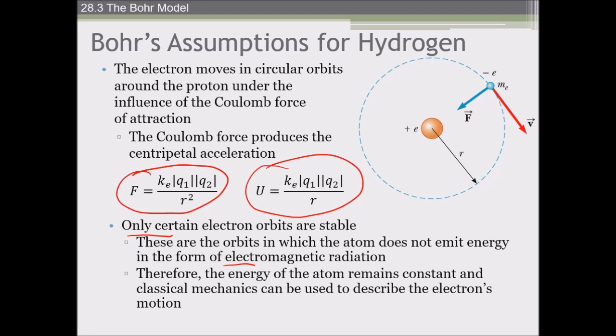And in order to accelerate, you need to absorb a photon. To decelerate, you need to give off a photon. These electrons, as they go around the atom, we would think are experiencing centripetal acceleration because the direction of the velocity vector is always changing. So classical mechanics just doesn't work in this case.